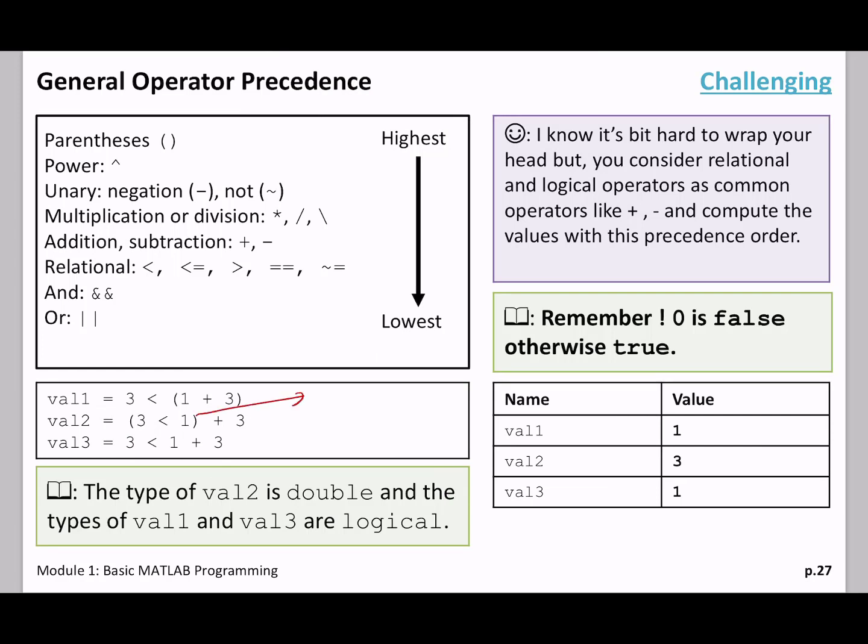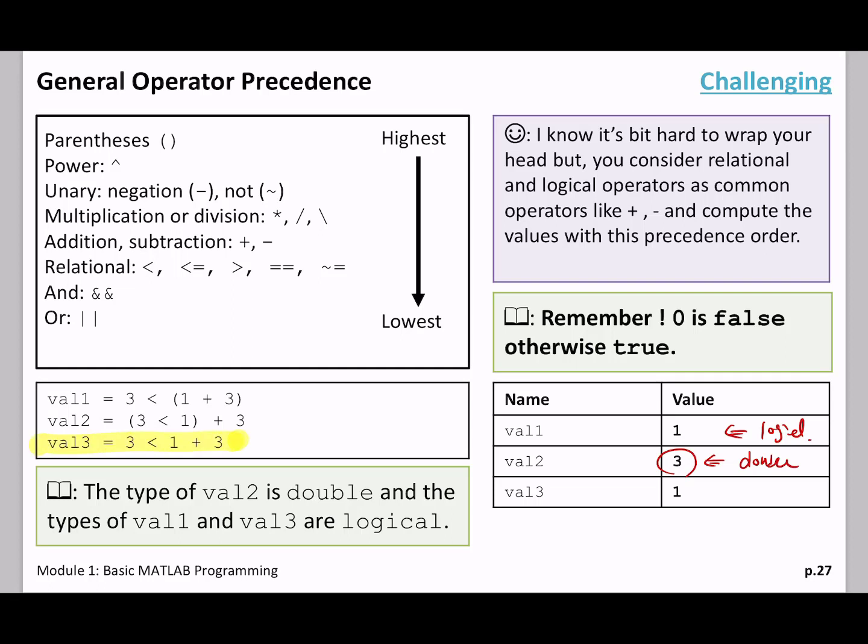This one is false. Logical 0. So then perform the logical 0 plus 3. So logical 0 is converted to the double 0. So this becomes a 3. In this case, this one's type is double. In this case it is a logical.